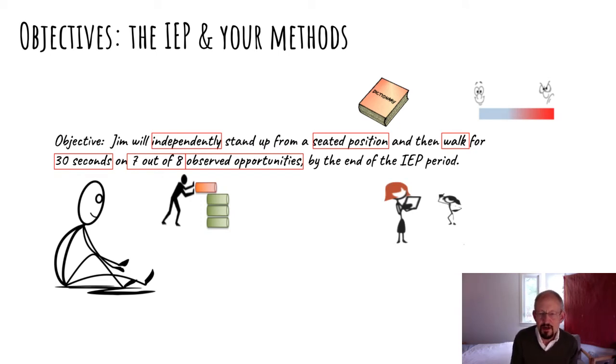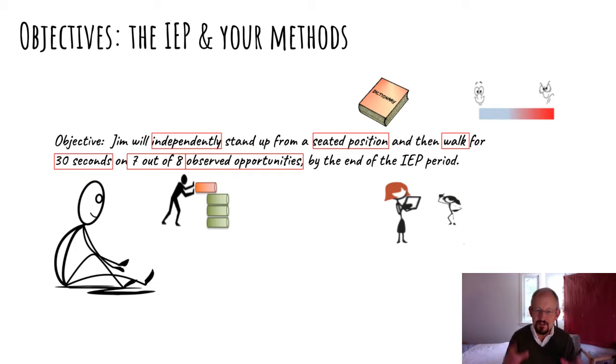Methodologically, there's much to be described here that I've left out. What's the terrain over which he's walking? What if he walks, stops, walks again, stops, and walks again? So it's not continuous.